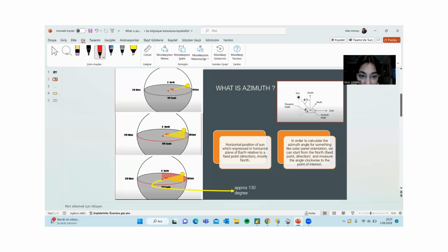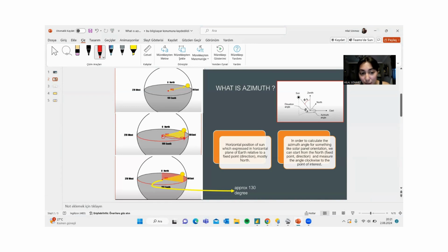I mean, this line is the perpendicular line which comes through the surface of this flat surface, and the line that unifies us and the position of the sun on the horizontal plane.